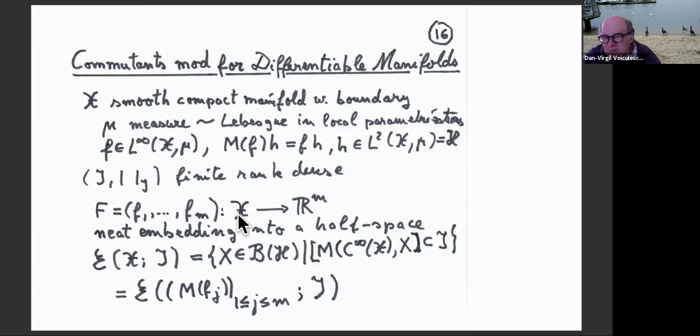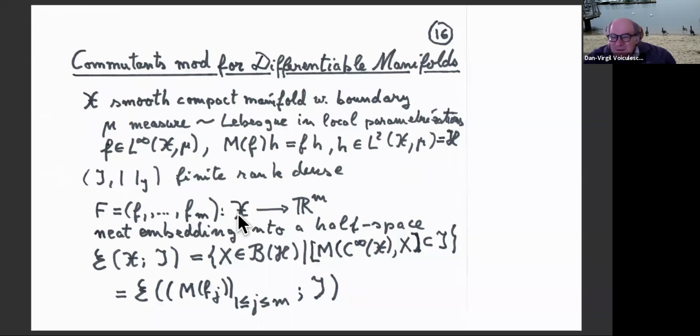I don't want to bother you with the boundary. I'm going to think all the time that it's a smooth compact manifold. And of course, on such a manifold, you have a measure, a measure which is equivalent to Lebesgue measure in local parameterizations.